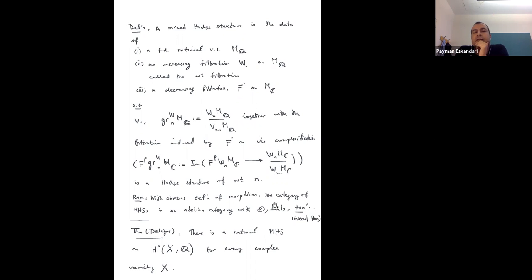There's a tensor structure, you have duals, and then there are internal Homs. So if I have two mixed Hodge structures, M and N, with underlying vector spaces M_Q and N_Q, then there's a mixed Hodge structure with the underlying vector space being linear maps from M_Q to N_Q.